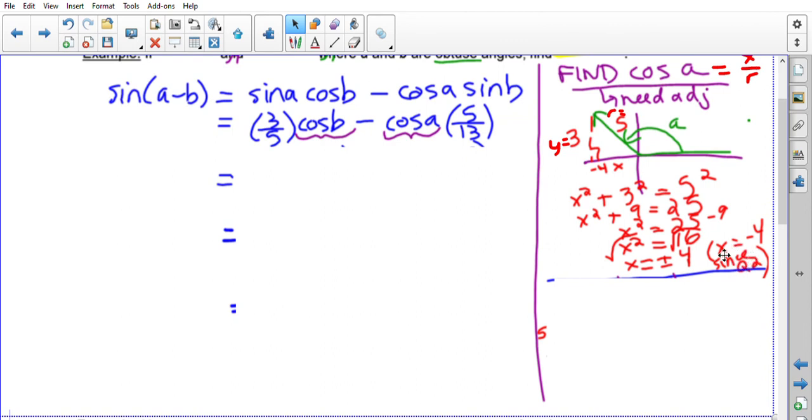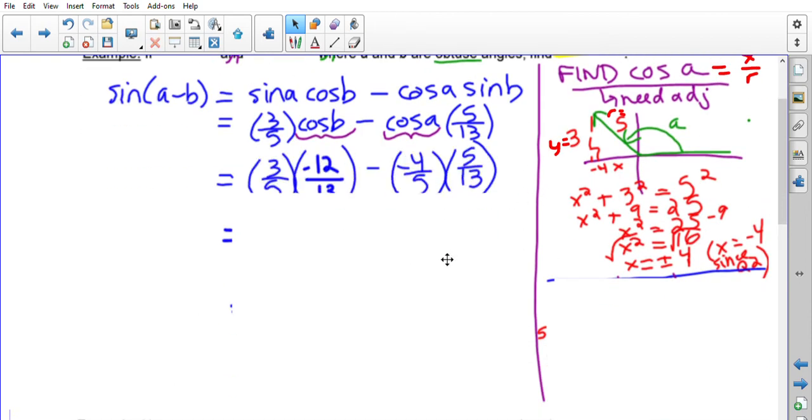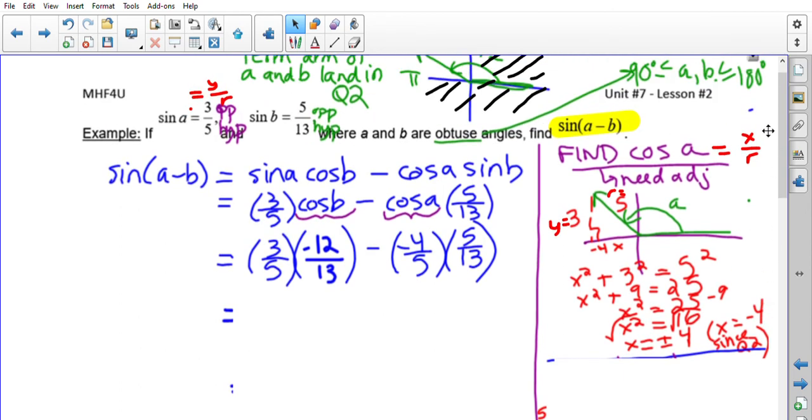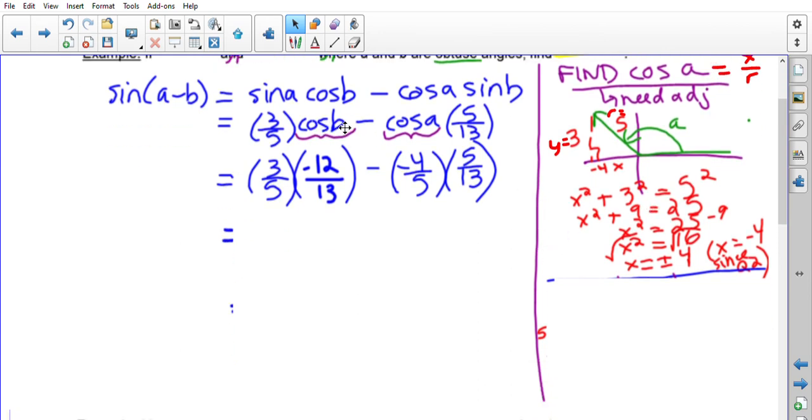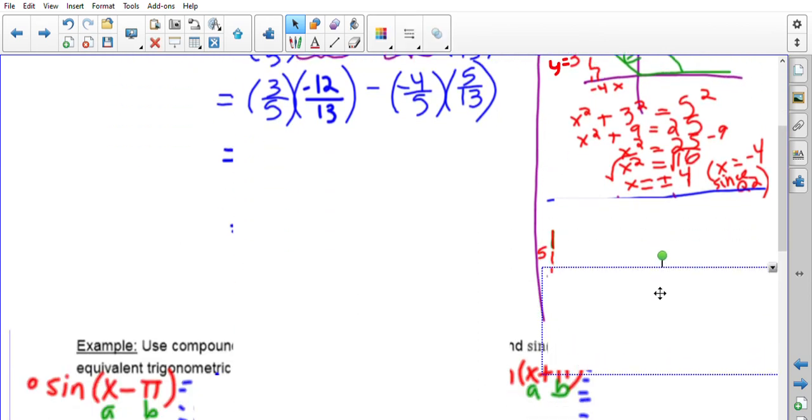Therefore, x is equal to negative 4 because it lands in quadrant 2. Because we land over here, the x values are negative. So when I want to find cos A, that means cos A is x over r. So that's negative 4 over 5. Okay, so that's where that comes into play here. All right, how do we find cos B?